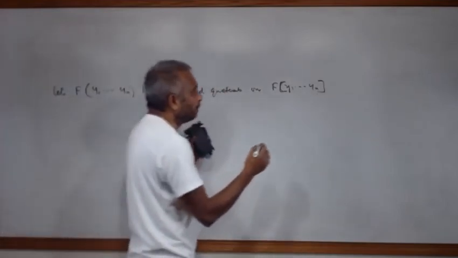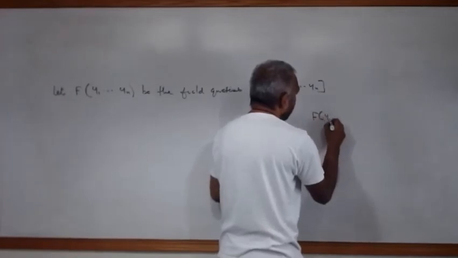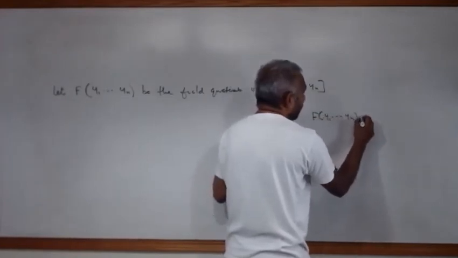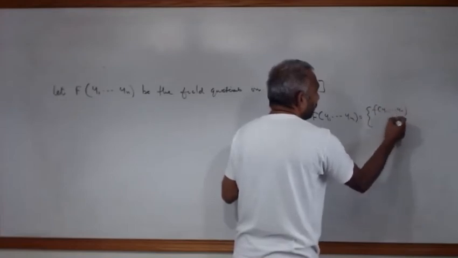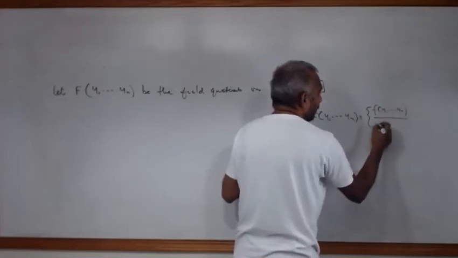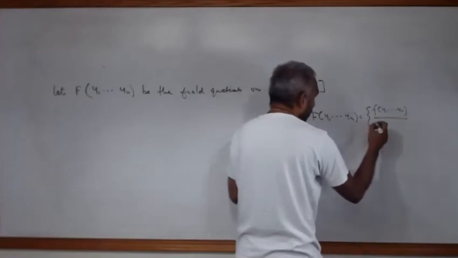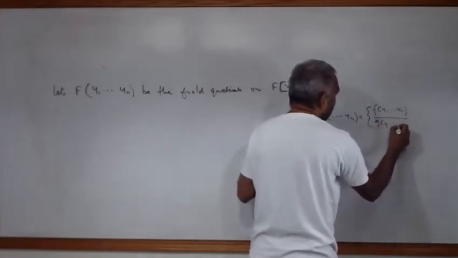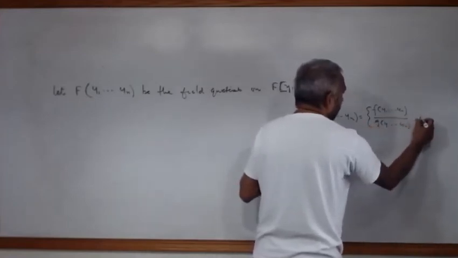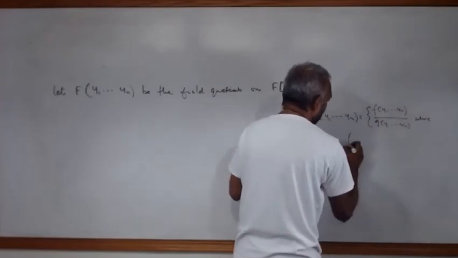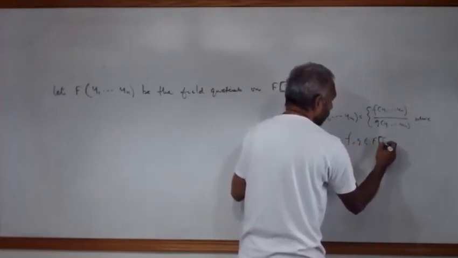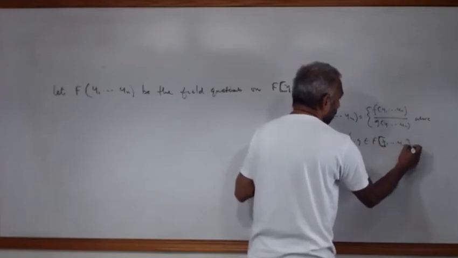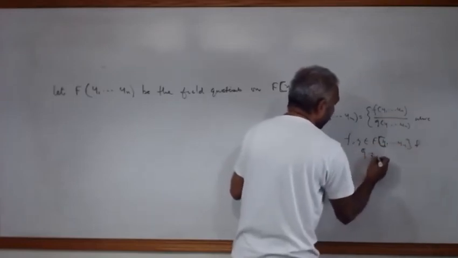So the general element of F(y1, ..., yn) is going to be f of y1, ..., yn by g of y1, ..., yn, where these two are polynomials and g is different from 0.